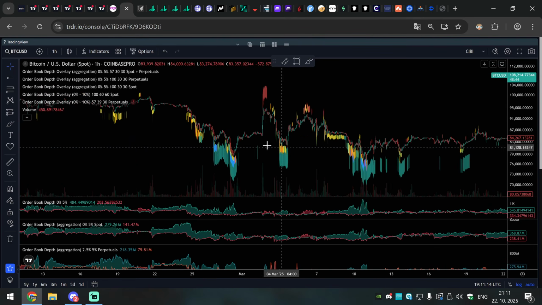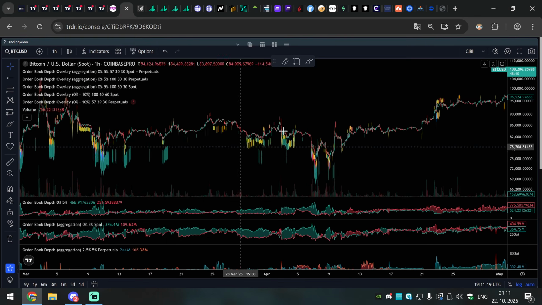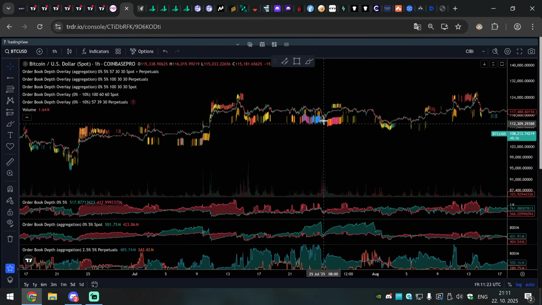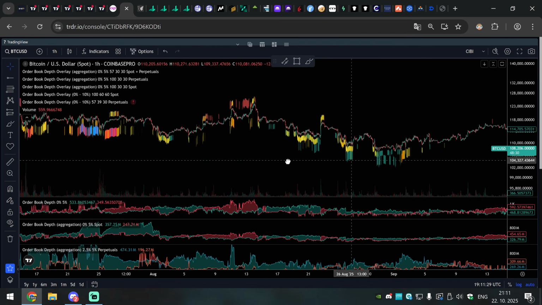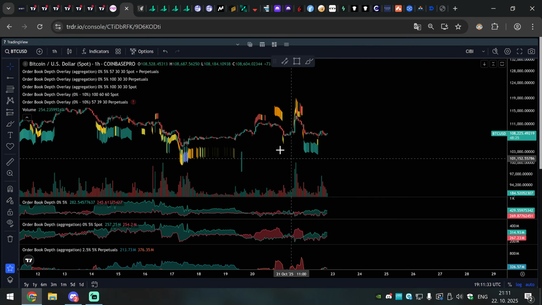Yes, here and here. So this was the proper last time, and then we've seen them here, but this was bad data from exchanges, so you can ignore it. From that moment, it's been a few months until we've seen the blue bands.